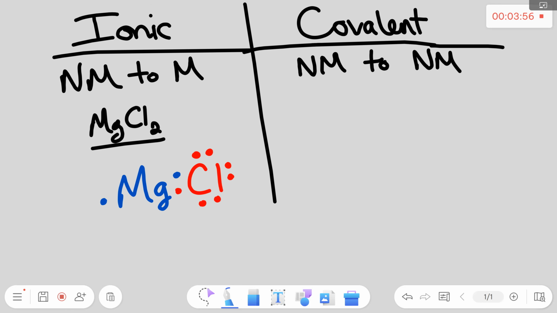So chlorine is going to rip away 1 electron from magnesium. It's going to be full, it's full with 8 electrons. We're going to do the same thing to the other side. Chlorine, draw it with 7 electrons. There you go, we're done.